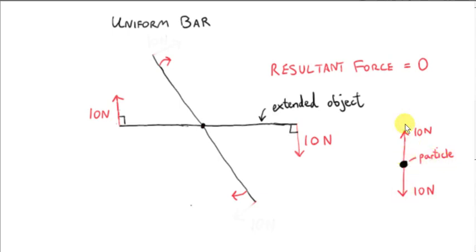We only had to apply Newton's second law by taking the vector sum of the forces acting on the particle. Here we have to consider the position of the forces acting on the extended object, and the position of those forces will change the turning effect of the force. So this leads us into the idea of the turning effect or moment of a force about a point.